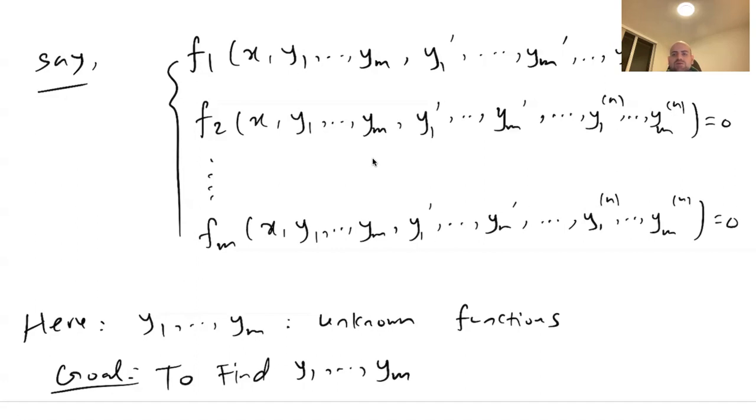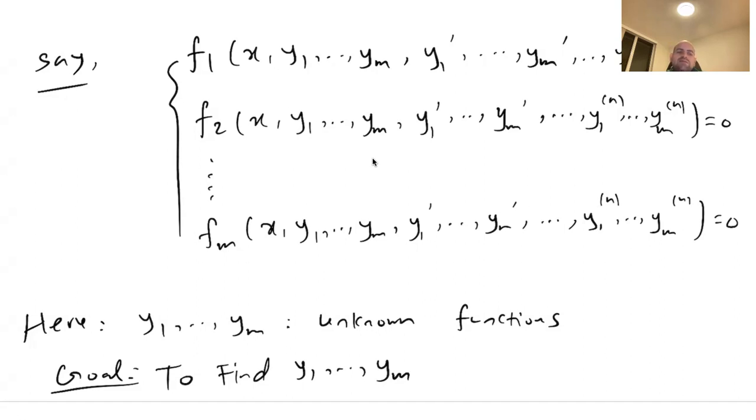So each of these equations can be considered as an equation that gives us a relation between the unknown functions and their derivatives and X. For example, X times first unknown function plus second unknown function plus derivative of third unknown function equals 0.